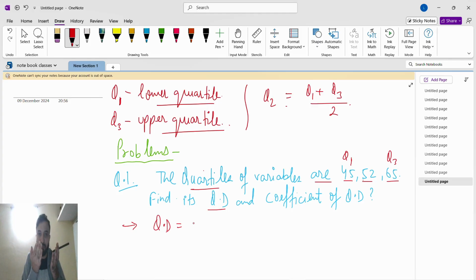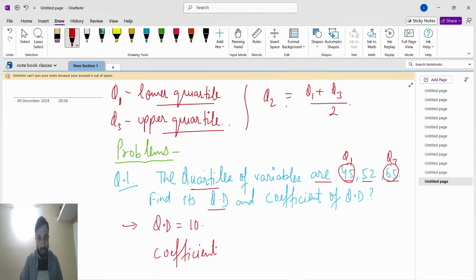You know the formula is simple: Q3 minus Q1 by 2. Directly with the calculator, Q3 is 65, Q1 is 45, so 65 minus 45 is 20, divided by 2. The answer is 10. Directly, guys, save the time.